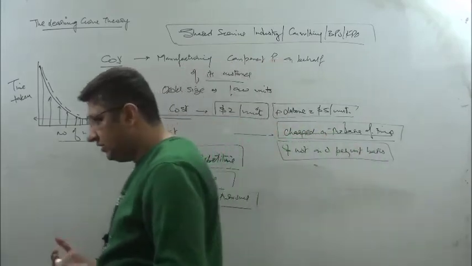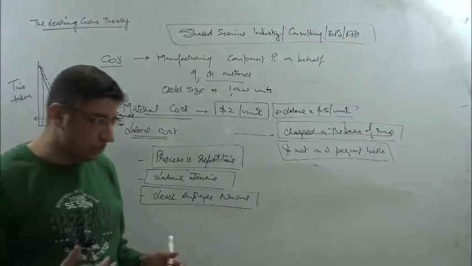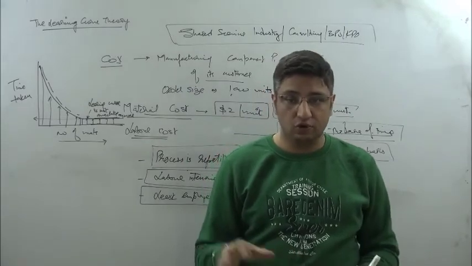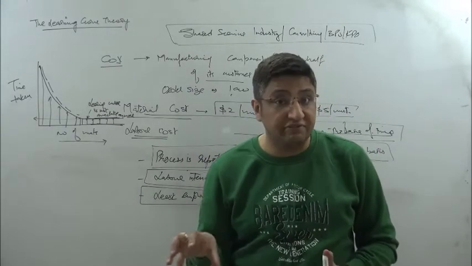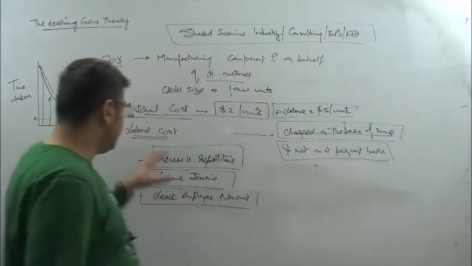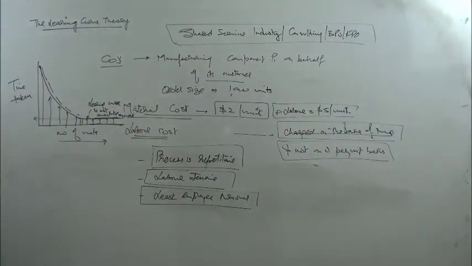So that is how you would be looking at this assumption to follow, to be able to quantify the impact of the learning curve. Is it okay? Right? So these are the broader assumptions that we talk about.